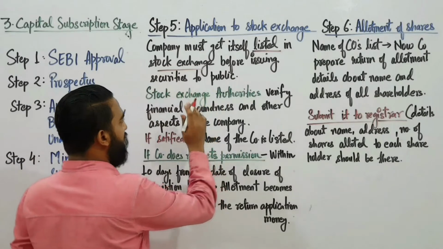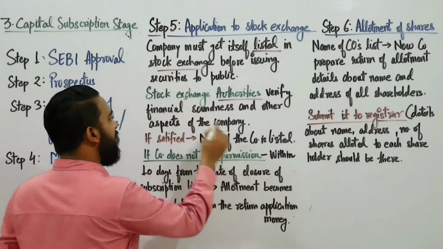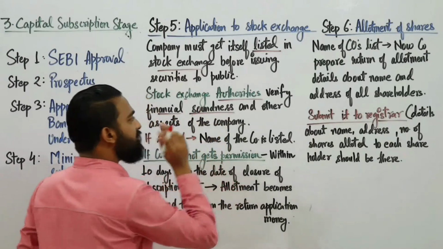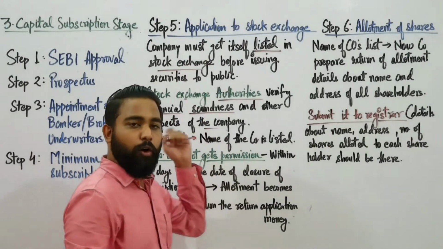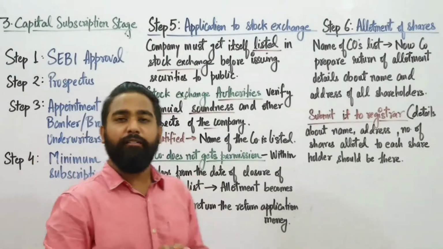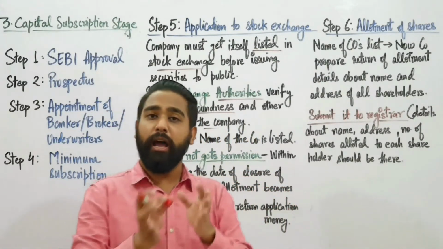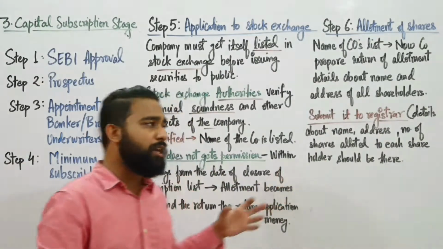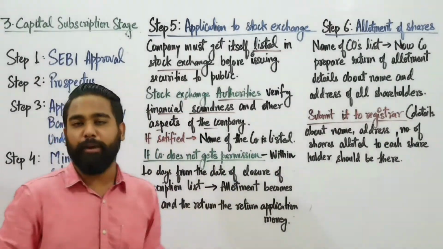Now after that, the stock exchange authorities will verify the financial soundness and other aspects of the company. The officials of the stock exchange will verify whether the financial statements they are showing are correct or not. What is their financial condition, meaning financial soundness, and other aspects of their company.